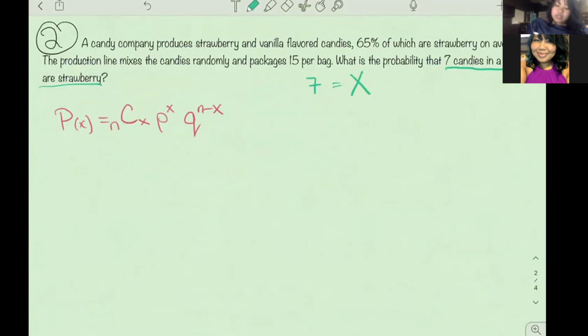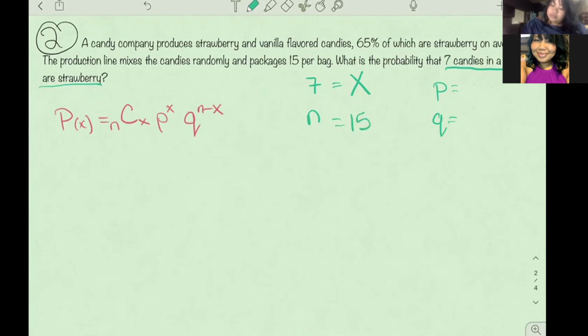And then we also need to find n, p, and q. So let's find those. Our n is 15, right? That's how many trials they did it in.